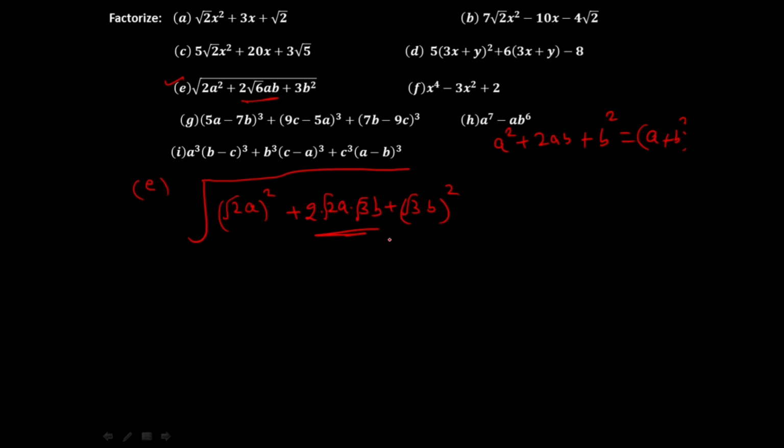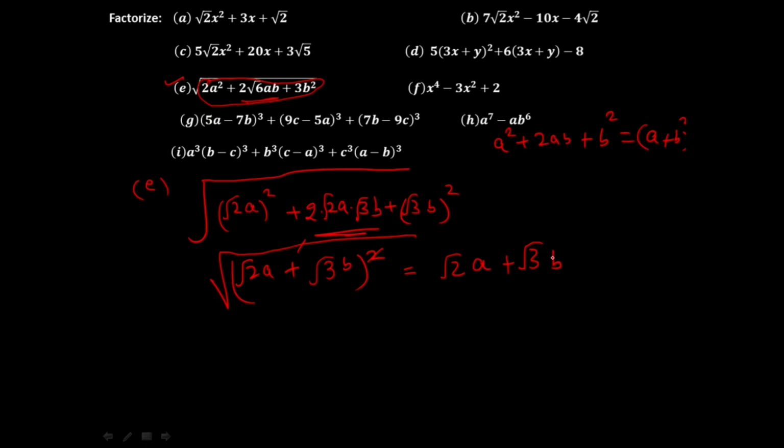Now this whole thing can be written, using this identity, as a plus b whole square. What is b here? Root 3b whole square under root. Means this under part is written in this way first, and then this is a perfect square of this value. Now square and under root get cancelled. The answer is under root a plus under root 3b. That's the final answer.